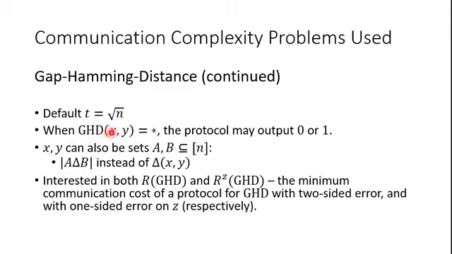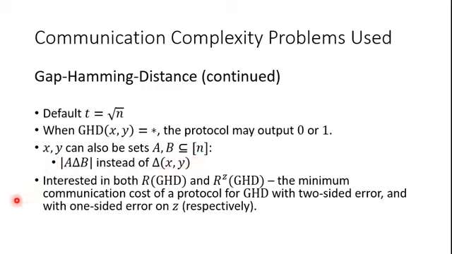As I said, when GHD(x, y) equals the star sign, that means that the protocol can output 0 or 1. Also in this case we have the option that x and y can be subsets A and B of the indices 1 through n, in which case we will use the size of the symmetric difference between A and B instead of the Hamming distance between x and y.